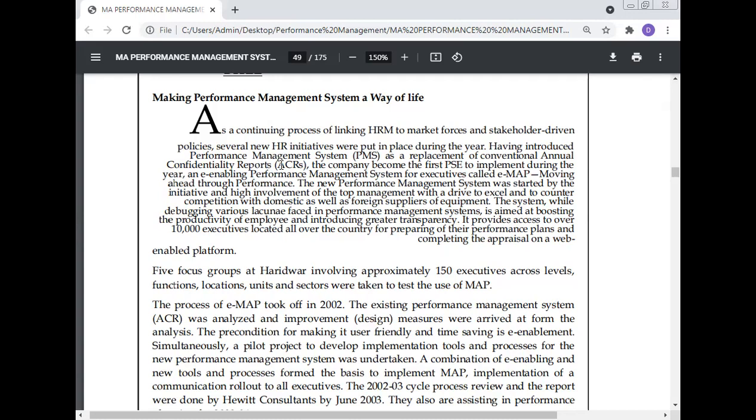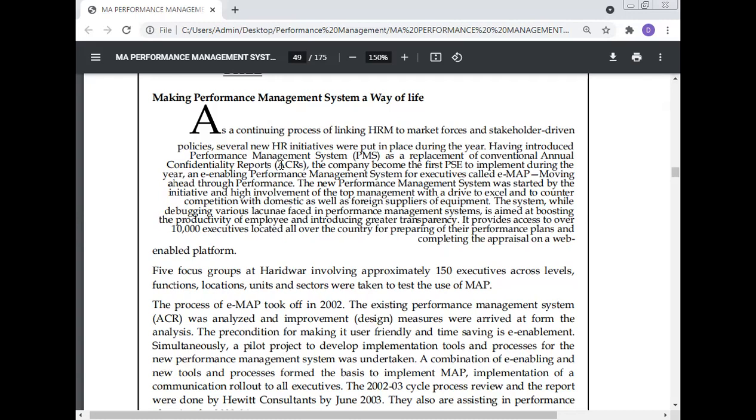The new performance management system was started by the initiative and the high involvement of the top management with a drive to excel and to counter competition with the domestic as well as foreign suppliers of equipment. The system, while debugging various issues faced in the performance management system, is aimed at boosting the productivity of employees and introducing greater transparency.